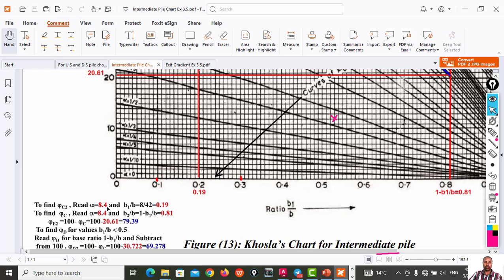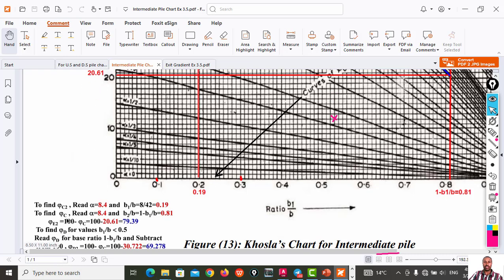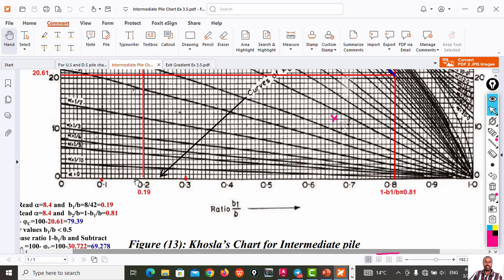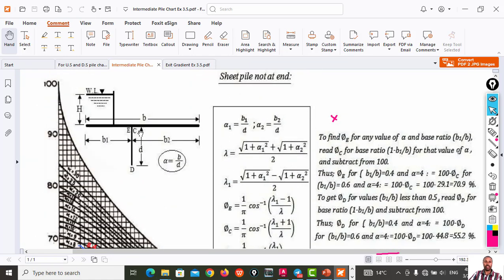So we are just taking the value phi C, which is 20.61, if you go like this. If you have 1 minus B1 over B, 0.81, then you read out phi C. If you know phi C, then finally you can have phi E2. Phi E2 means 100 minus phi C, which is 79.39. Clear? So 79.39, and phi C2 is already this one. This is phi C2, which is here.